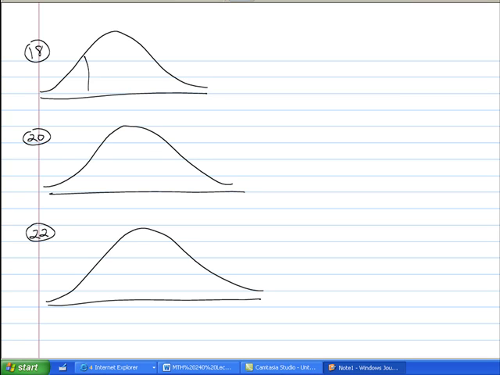I want to look up the area 0.2500 and see how close I can get to that. Alright, I have 0.2514 and 0.2483.